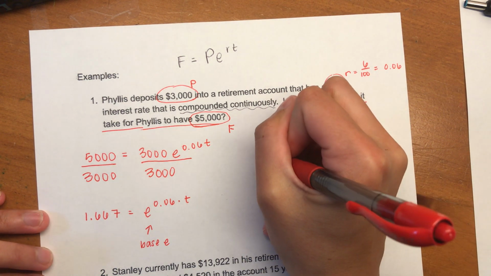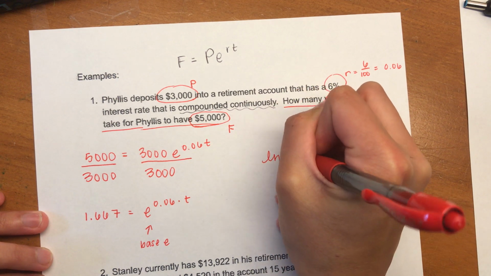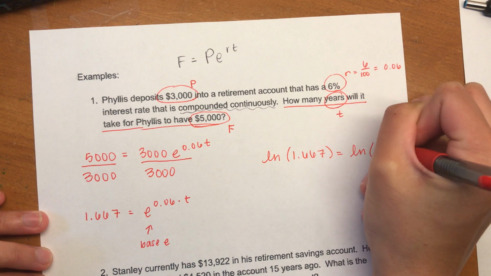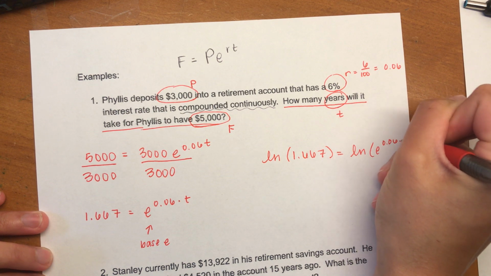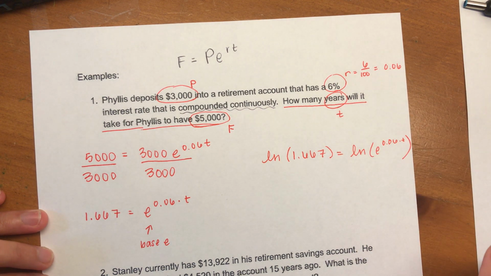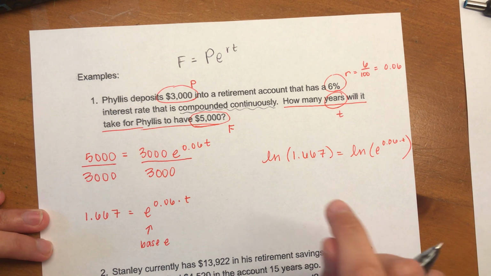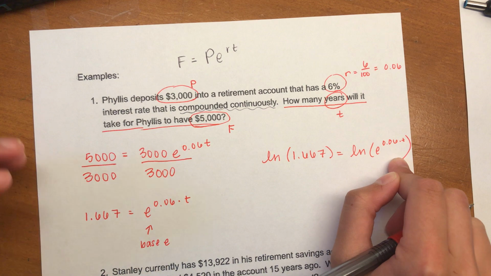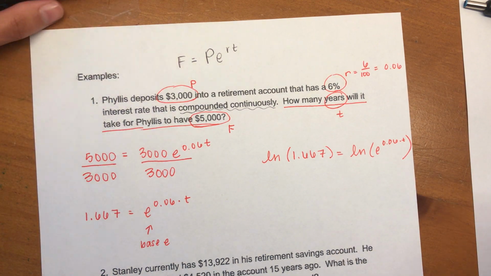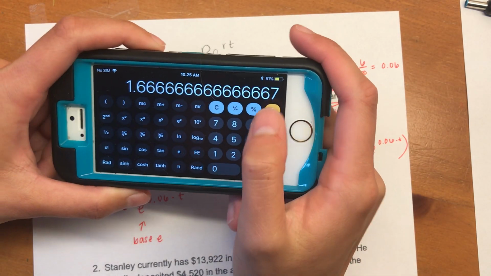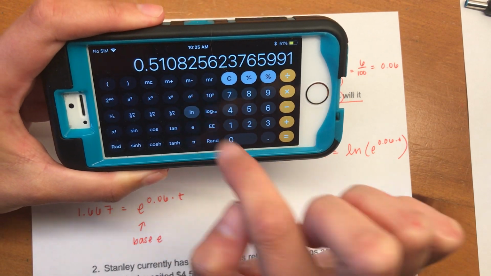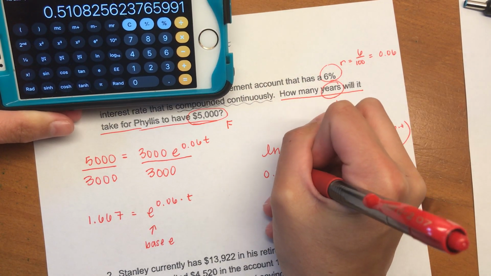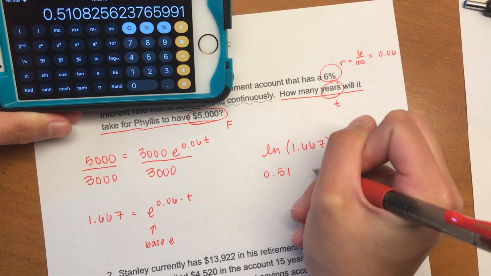Okay, so when I do that, I'm going to have ln of 1.667 equals the ln of e to the 0.06 times t. And what I can do here is use my calculator to do this side and my properties of logarithms to rewrite this. So if I take my 1.66666 and do the natural log of that, I get 0.51, and that's rounded.